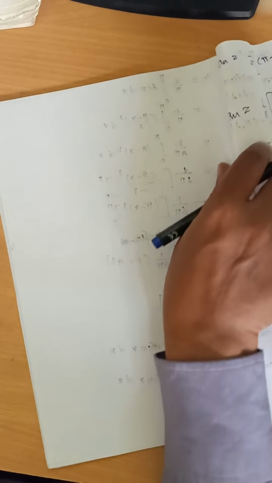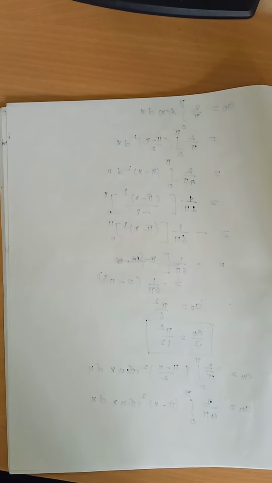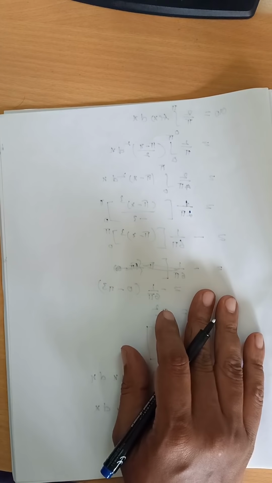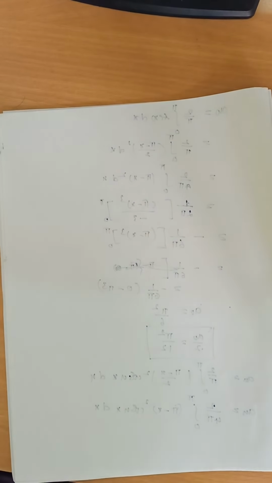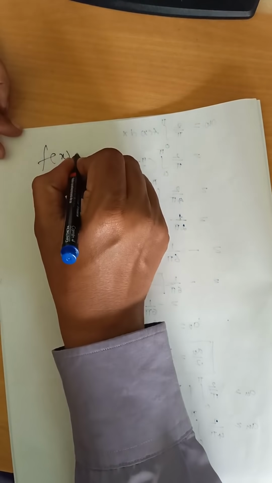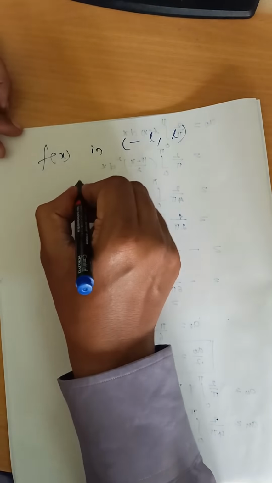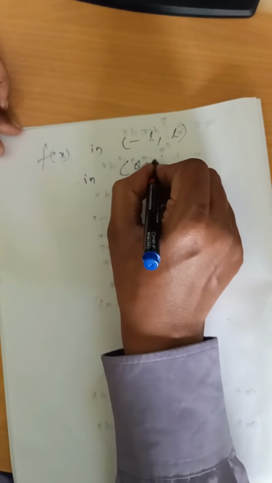Now we are going to discuss how to construct the Fourier series of f of x in minus L, comma plus L and in 0, comma 2L.